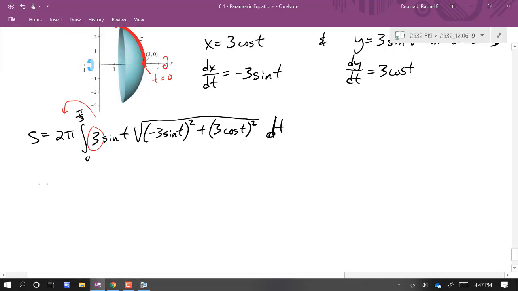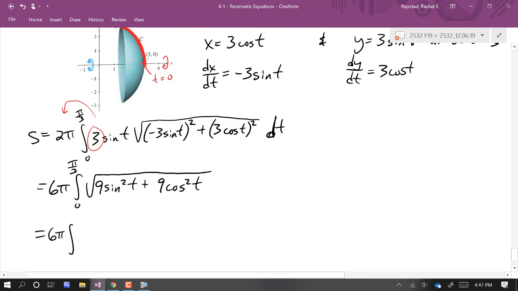So we have 6 pi times the integral from 0 to pi over 3. And then inside the radical, we have 9 sine squared t plus 9 cosine squared t. We have a common factor of 9. Let's factor that out.